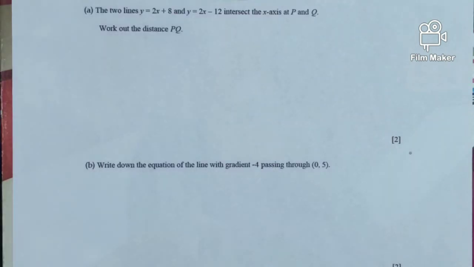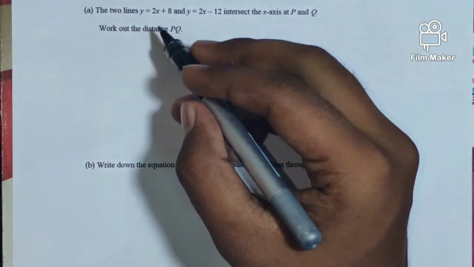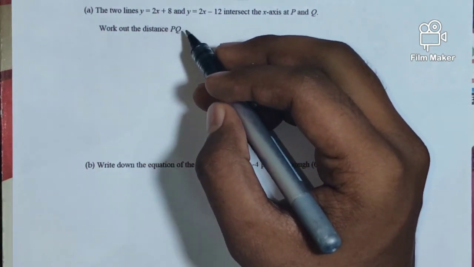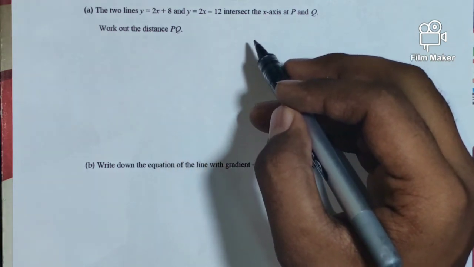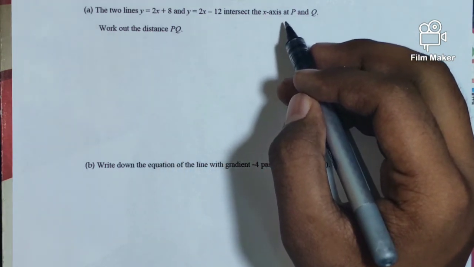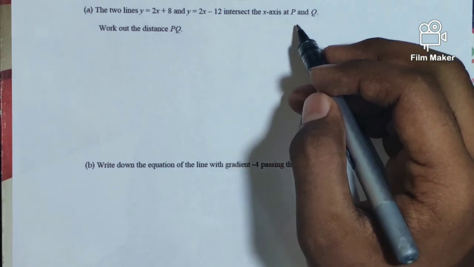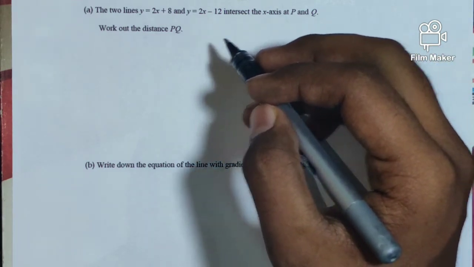Now a second question over here is, there are two lines y equals 2x plus 8 and y equals 2x minus 12 that intersect the x-axis at P and Q. Work out the distance PQ.